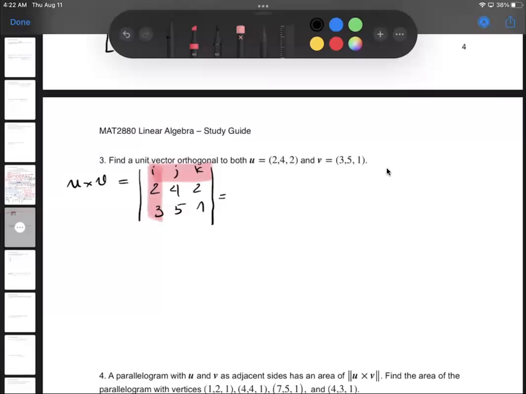Or better yet, in this case, I want to prove T of (x1 plus x2, y1 plus y2) is equal to T of (x1, y1) plus T of (x2, y2).